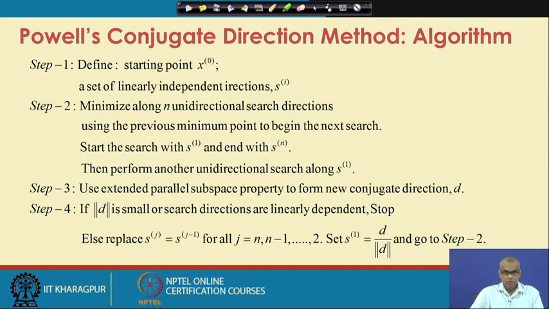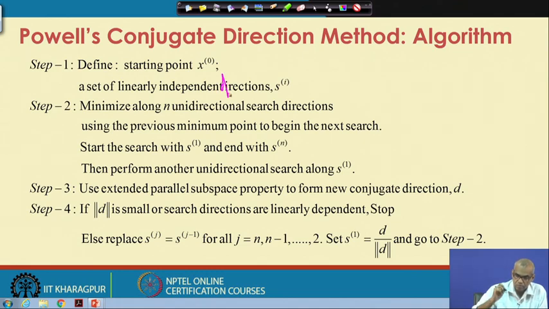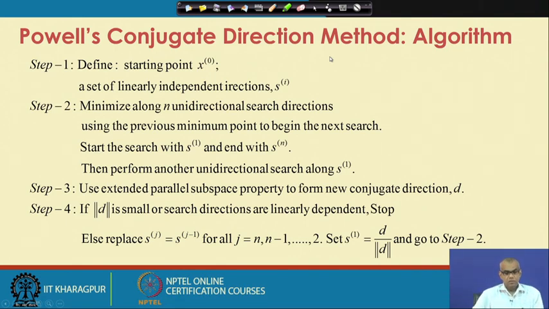So, now let us present the algorithm for Powell's conjugate direction method. So, in the step 1, we define the starting point x 0. We also define a set of linearly independent directions. In the step 2, we minimize along n unidirectional search directions using the previous minimum point to begin the next search.